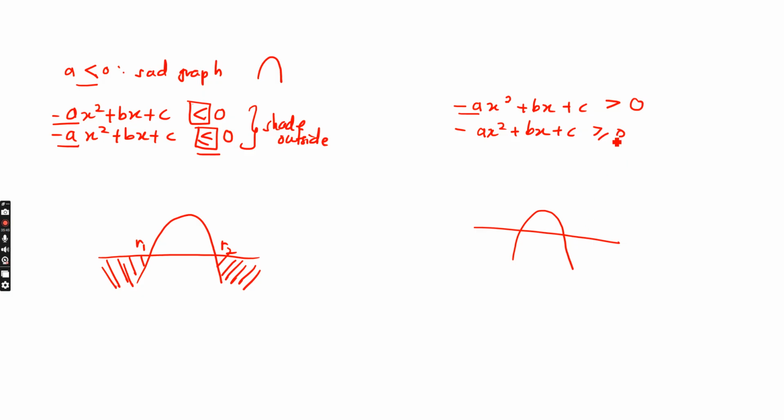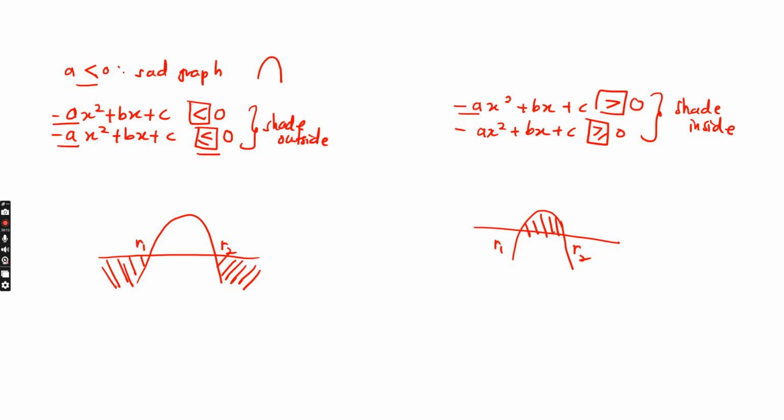Draw like this, and now you want to know which area you need to shade. First you check the sign. This is a greater than sign, right? Greater than and greater than or equal to. So what you need to do is shade inside. So you put the roots R1 and R2. Understand?